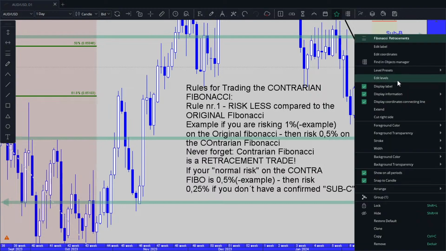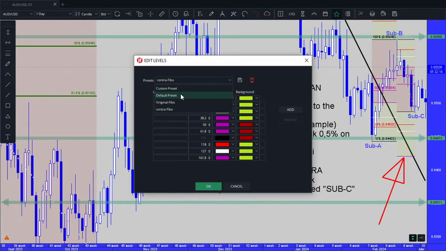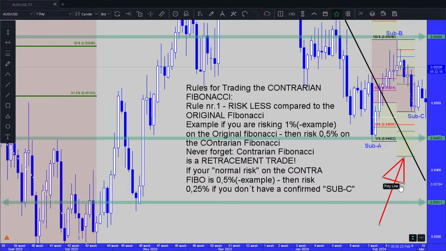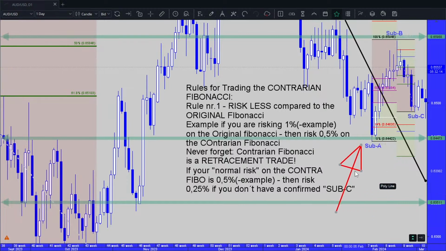So, let's change colors, alright. So, we are trading sub A, sub B, sub C, right? And we put a contrarian Fibonacci on the contrarian Fibonacci. The question is, is this sub C confirmed?